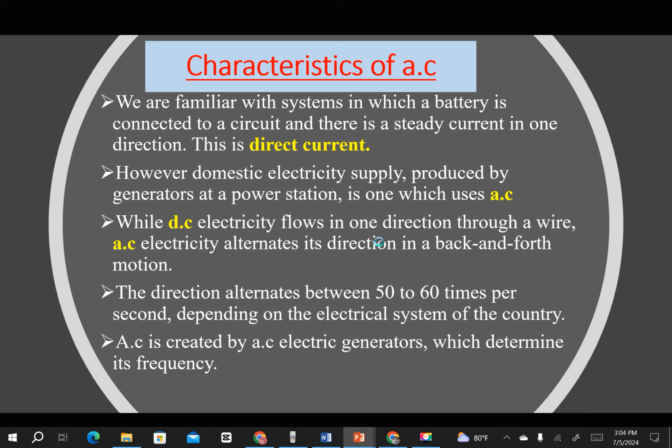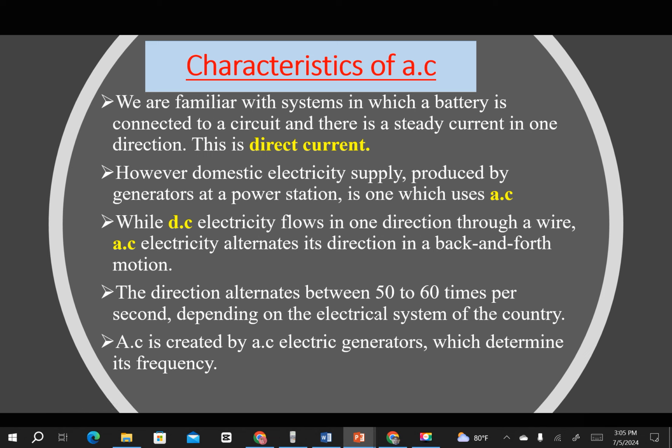Just like any other wave, the frequency of the alternating current wave is determined by the generator itself. So it is possible for countries to generate electricity at a rate of 50 to 60 times per second because they can just design a generator which oscillates or generates a frequency of about 50 to 60 hertz.